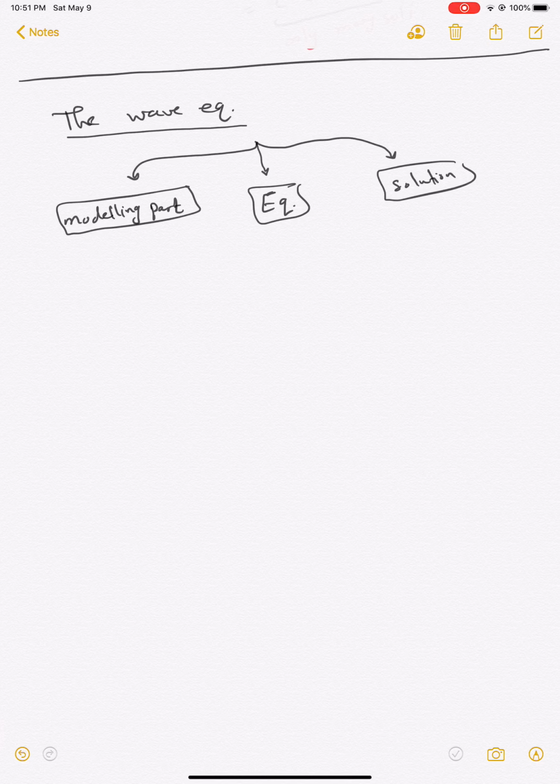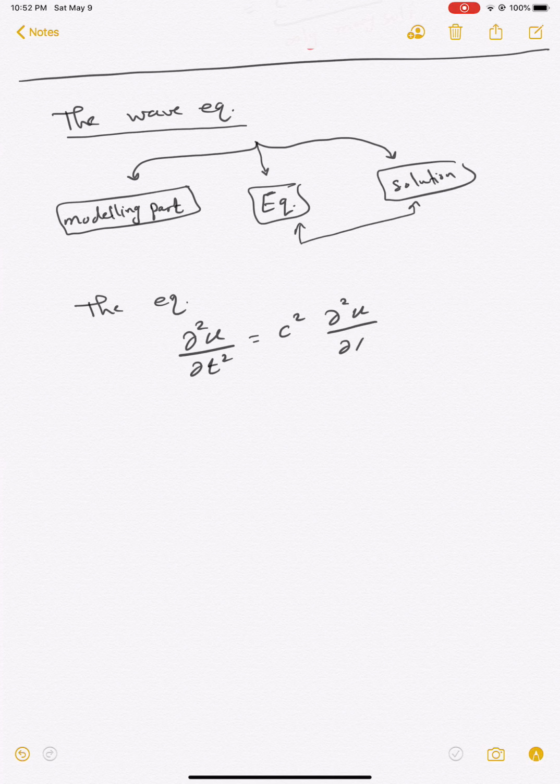What we will be doing in this video is we will see the equation, the meaning of the equation, and then we will solve it using the separation of variables method. So in this video, we will be interested in these 2 pillars of the wave equation. So first of all, what is the wave equation? So the equation, second partial derivative with respect to t equals a certain constant times the second partial derivative with respect to x, and c is positive.